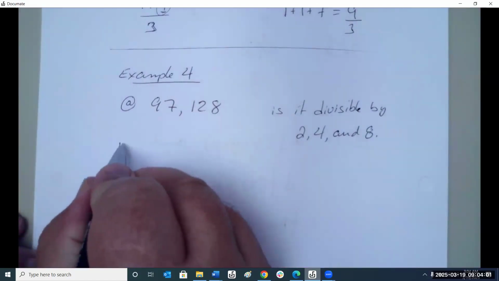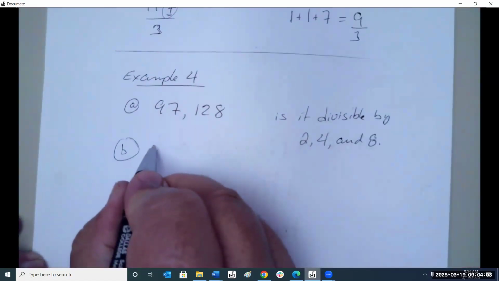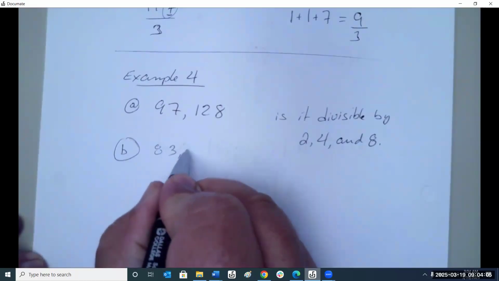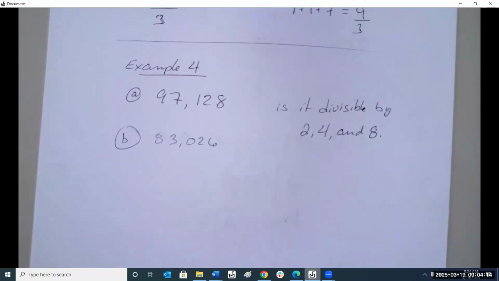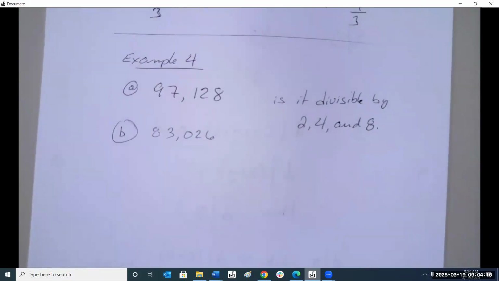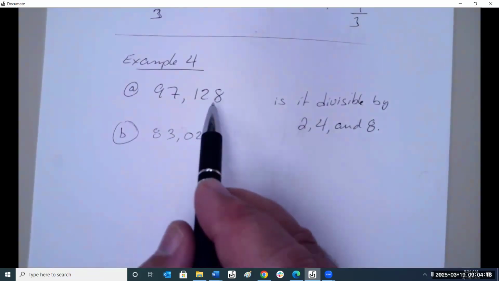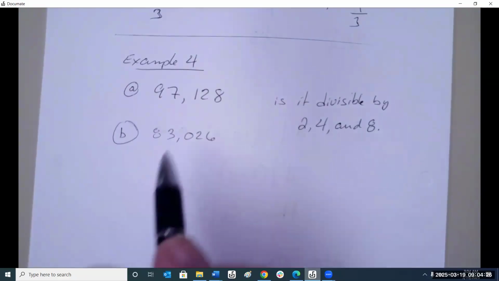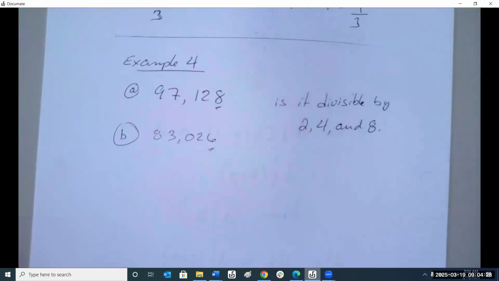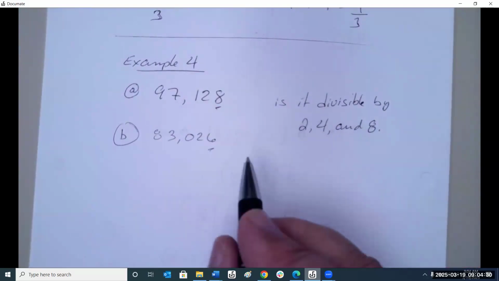And then B is the same numbers. We have 8, 3, 0, 2, 6. So using your sheet, are they both divisible by 2? Why? Yeah, because the last digits are even numbers. So yes, they're both divisible by 2.